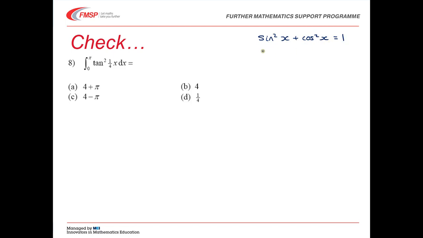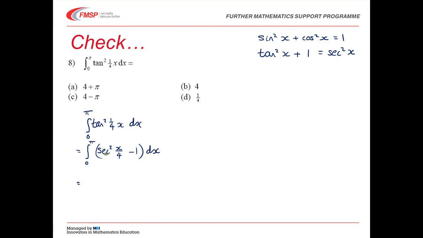If you divide everything there by cos squared, you'll get tan squared x plus 1 equals sec squared x. So, tan squared of a quarter x is equal to sec squared of a quarter x, take away 1.